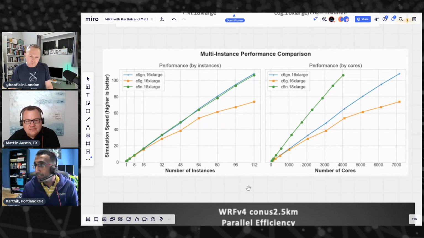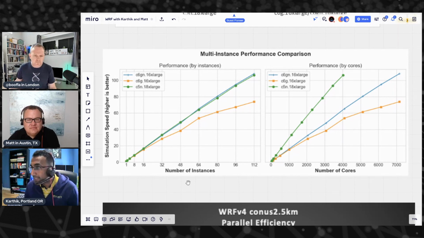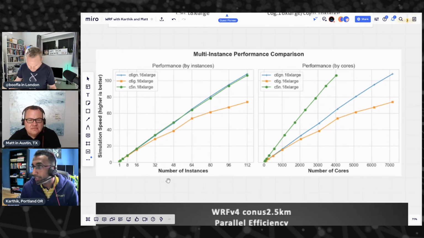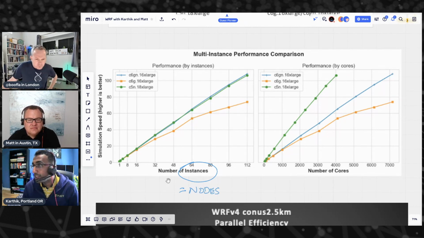If you look at the graph here, on the left chart, this is the performance on a per-instance basis. On the x-axis is the number of instances, and the y-axis is the simulation speed. As you see, the scaling is pretty good on the C6GN and the C5N instances, which have EFA and 100 gig of network. Yeah, there's daylight if you're not using EFA.